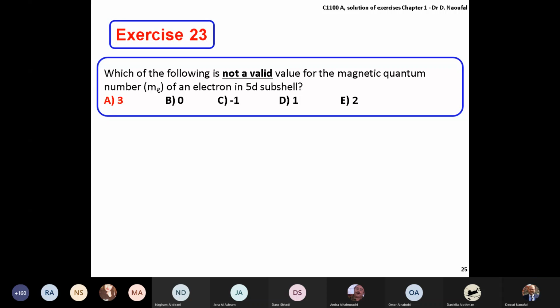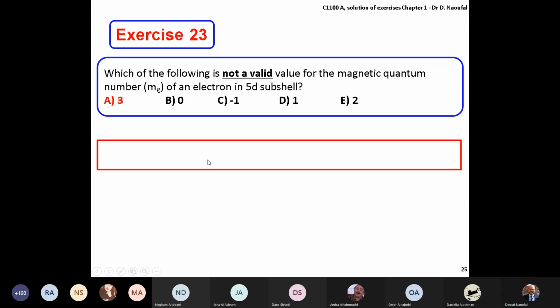Exercise 23. Which of the following is an incorrect value for the magnetic quantum number ml of an electron in 5d? 5d means n equal 5, and since we are talking about the d subshell, L equal 2.